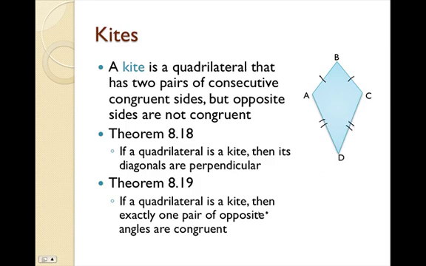Then exactly 1 pair of opposite angles are congruent. Those are the pair that connects the shorter side with the longer side. So angle A and angle C will always be congruent if this is a kite. And that's what theorem 8.19 states.